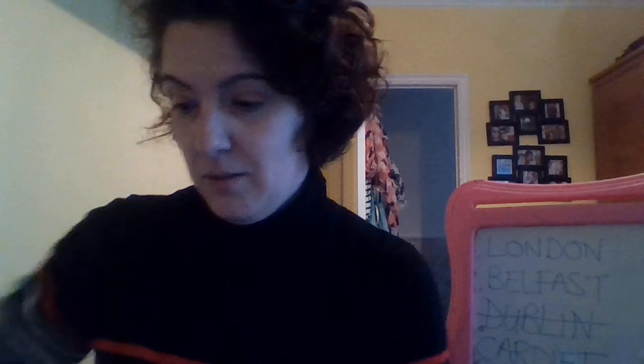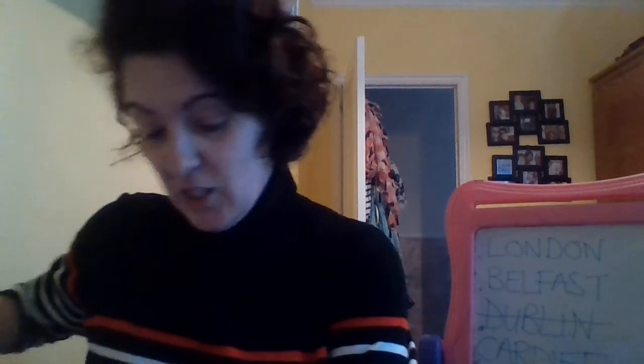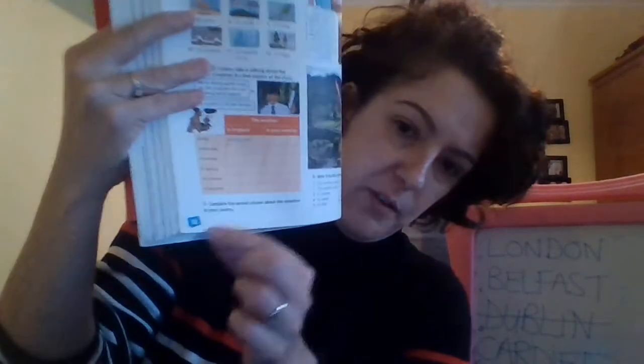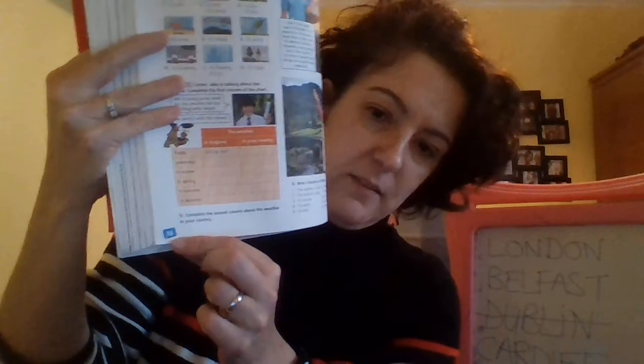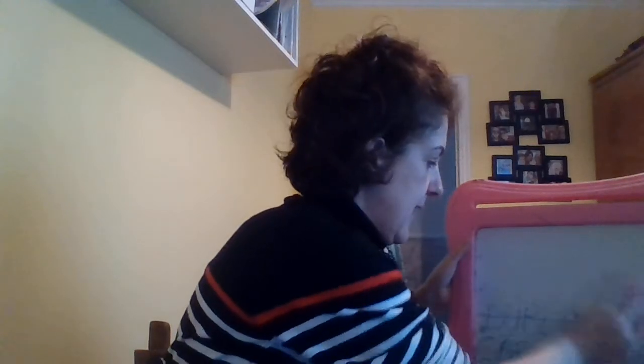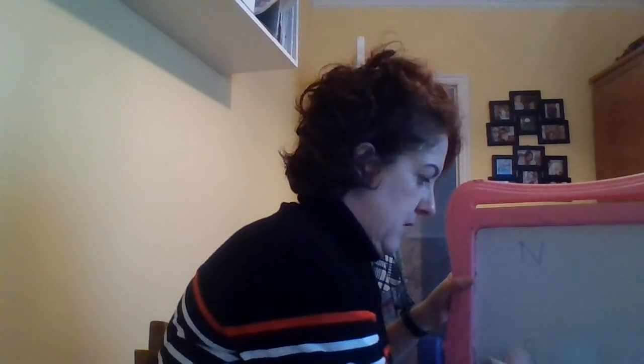We're going to talk about vocabulary about the weather now. So let's look at page 58. And we're going to talk about north and south. Okay? So north and south.